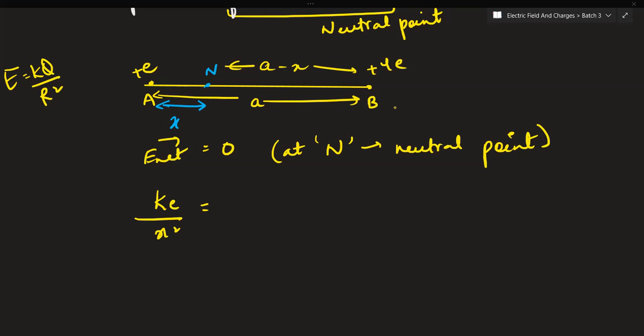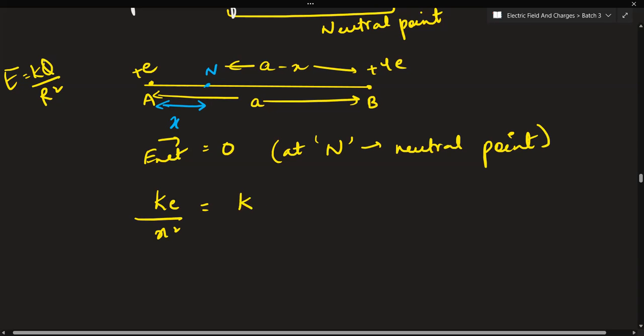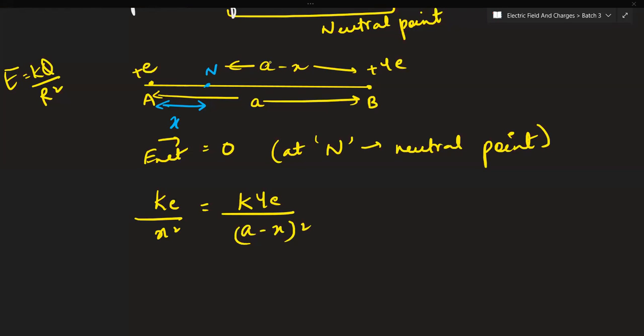And separation is what? A minus X. So K will be there. Instead of Q, I have the charge as 4E. Separation from this point is A minus X, so R square will be A minus X whole square. Is this clear? All right.